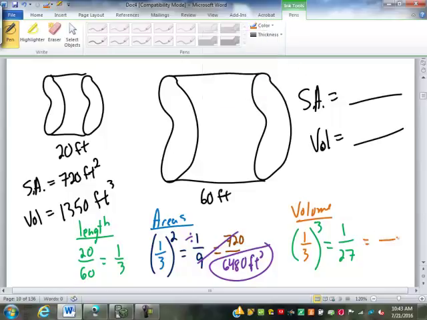And then what do we put over here? 1350. And then cross multiply and divide, and we get what? 36,450. Very good. That is cubic feet. How many of you got that?